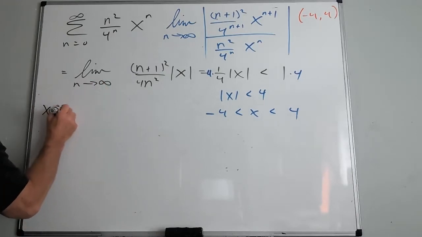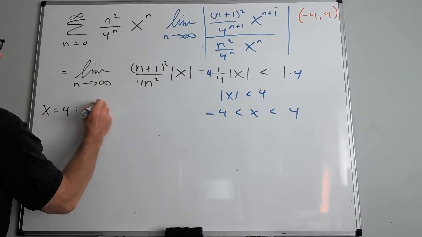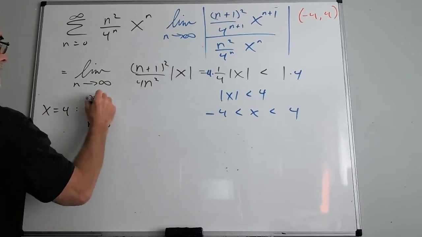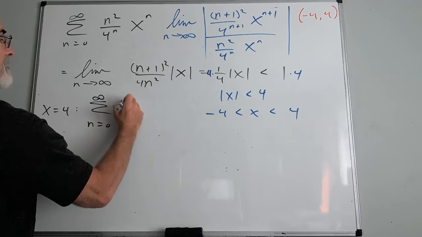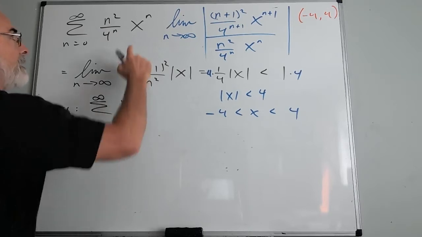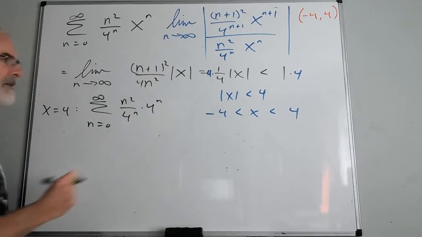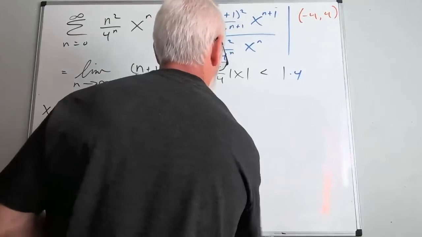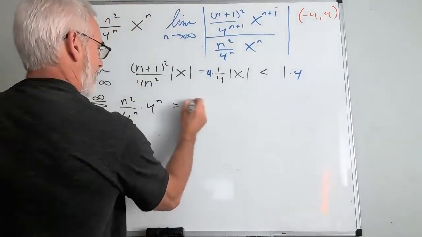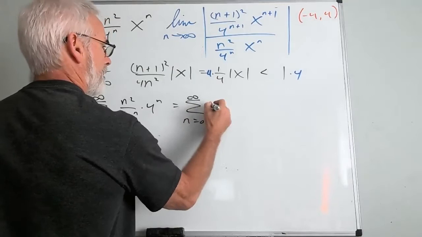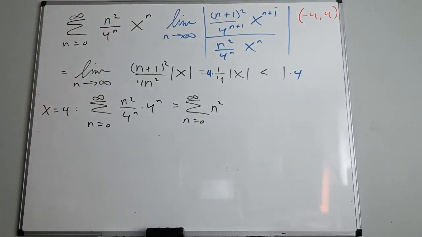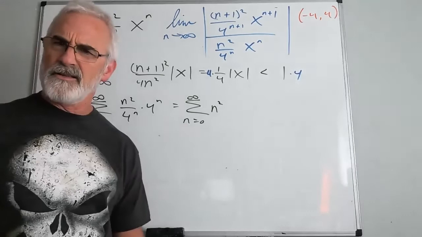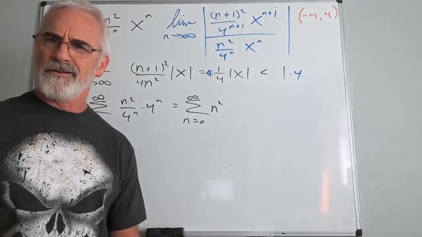So we're going to check x equal 4, and then this will become n squared over 4 to the n, 4 to the n. That's just n squared. What do you think? Does it converge or diverge? Diverge.